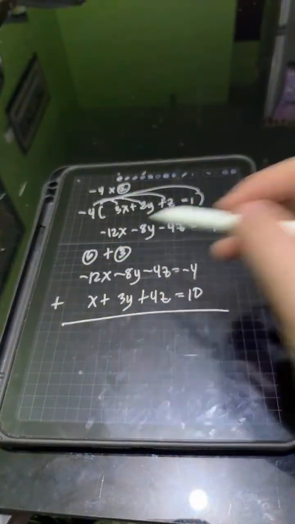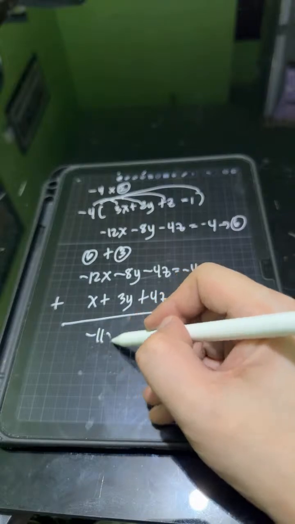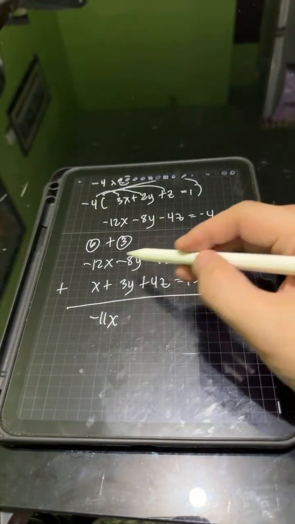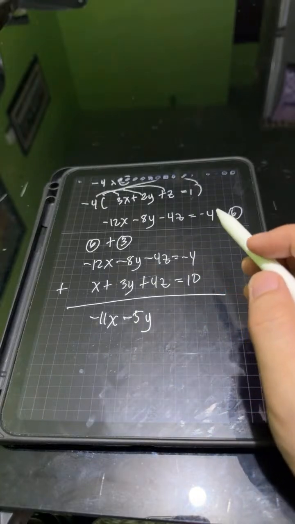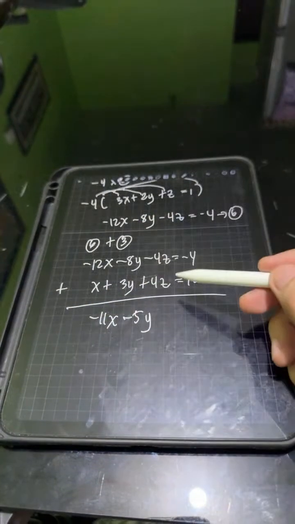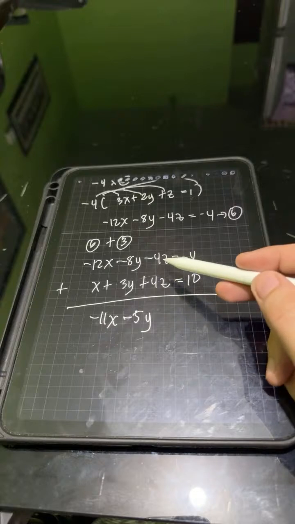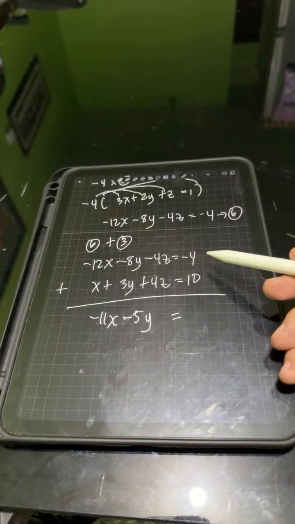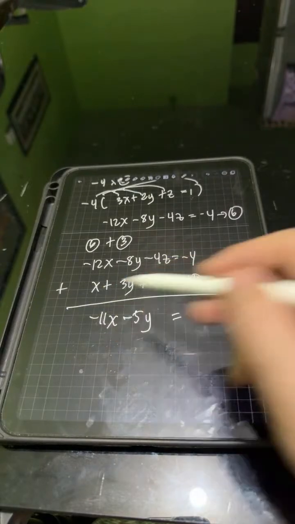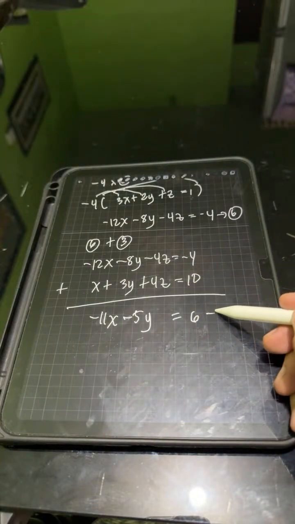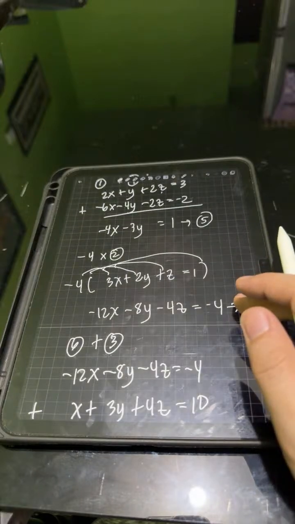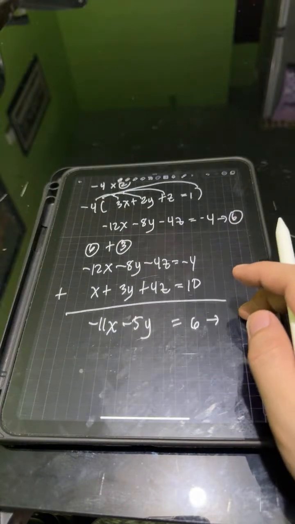So negative 12x plus x, that's negative 11x. Negative 8y plus 3y, that's negative 5y. And then negative 4z plus 4z, so 0. We already eliminated variable z. Equal to negative 4 plus 10, positive 6. So let's name this equation 7.